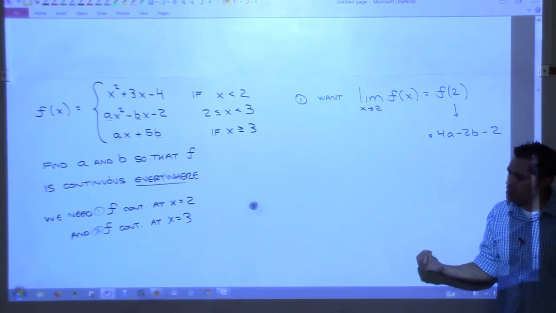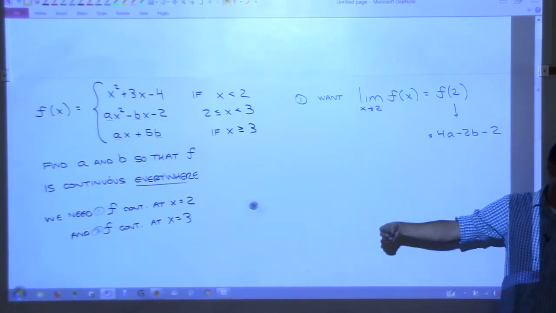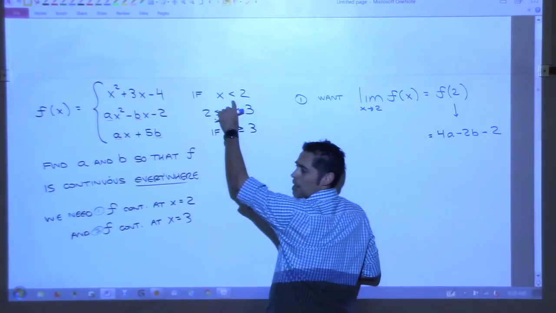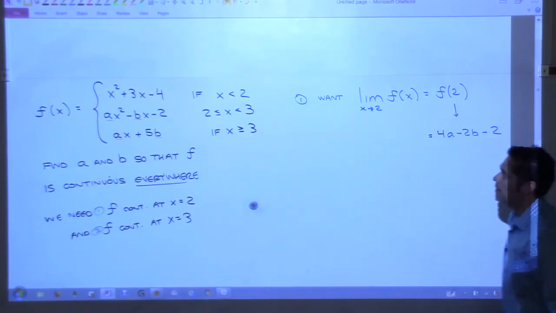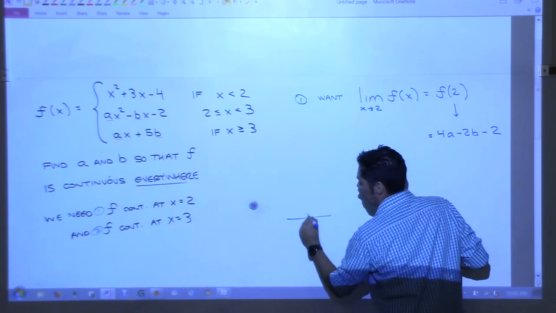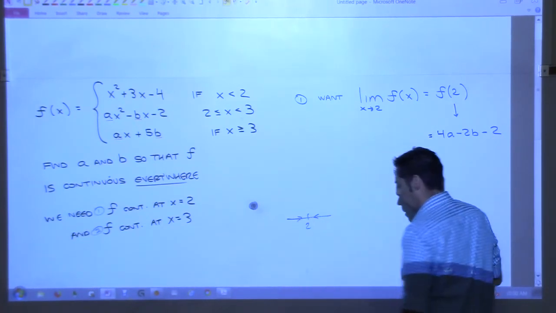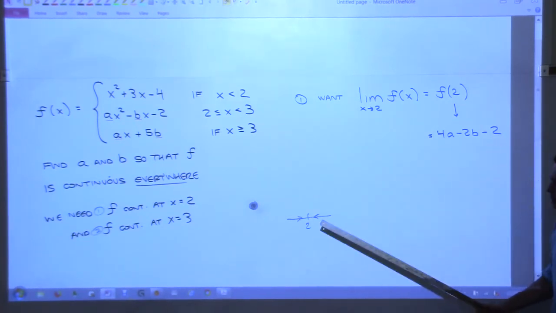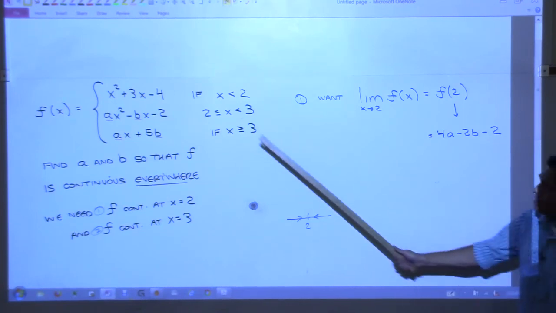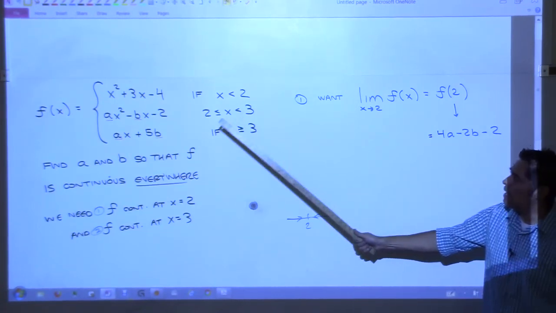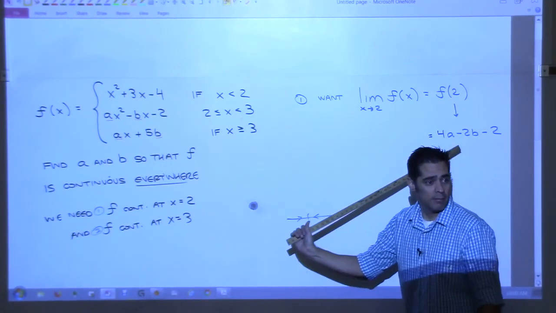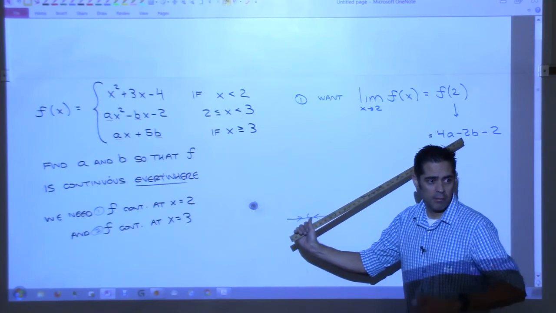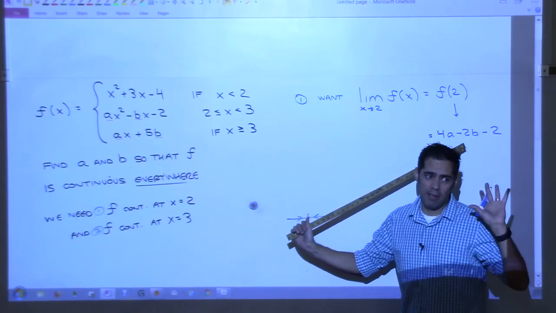The only thing that's interesting to me is what happens from the other side of 2, which would be this one up here. Do you all follow me on that? Here's 2. We have to approach it from the right and from the left. If I approach it from the right, I'm going to be on this one. If I plug 2 into this, what am I going to get? This right here. Who cares? I already have that.